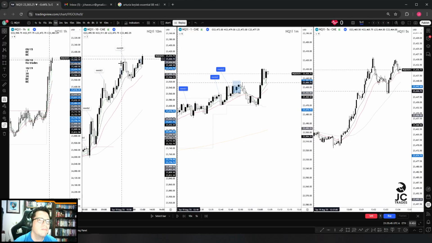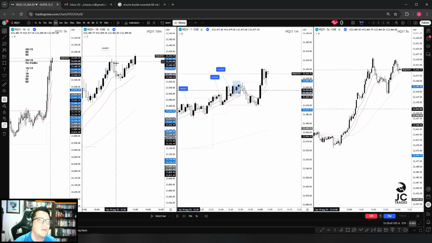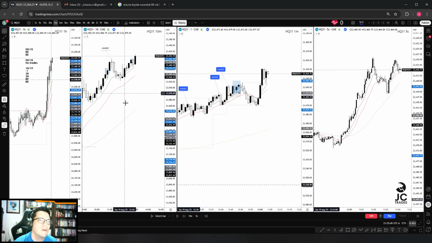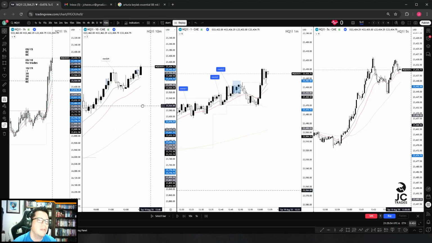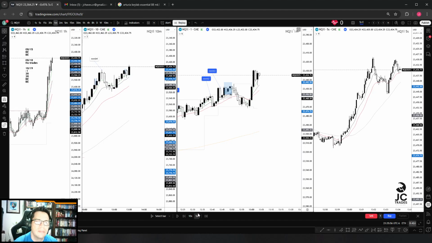So this is kind of extended at this point on the context time frame. We would probably wait for a reset here at some point. So we had a reaction from this area here, which is the 5 on the context, and then a move that actually is validating an MB4.